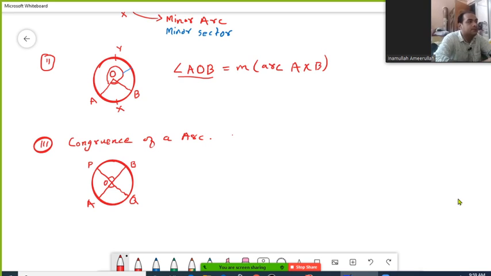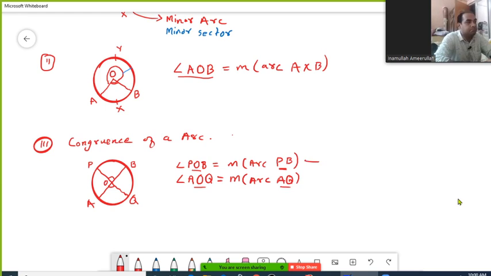So as we know, angle POB is equal with arc PB, and angle AOQ is same as arc AQ, because this PB is an intercepted arc by this angle, and same way AOQ is another central angle which inscribes arc AQ.